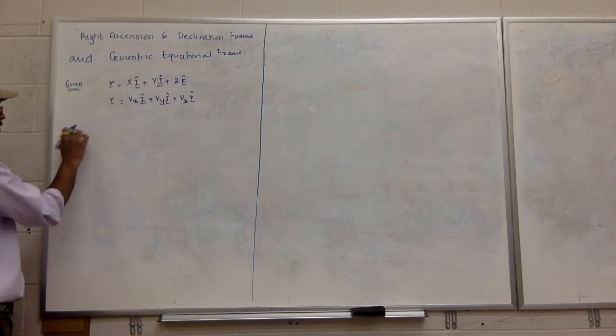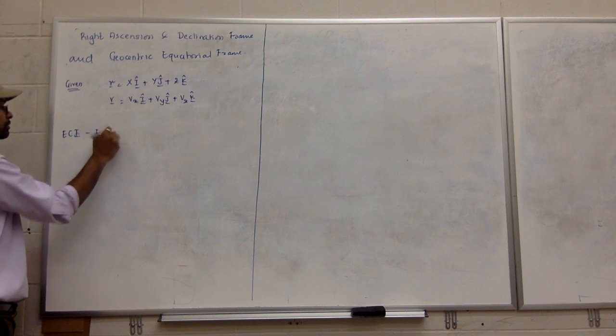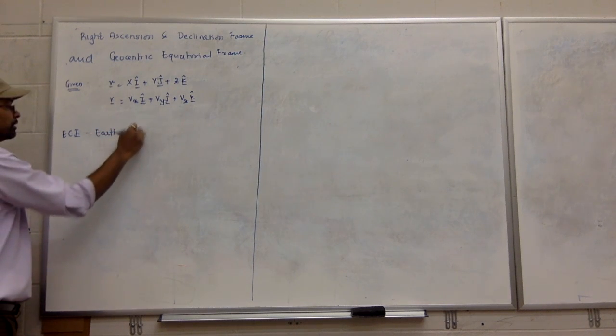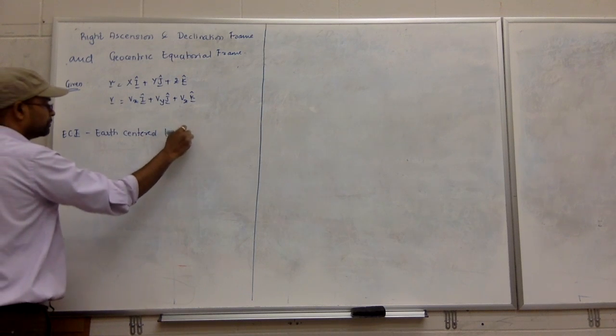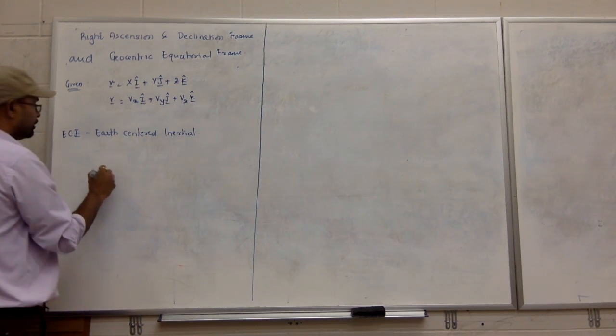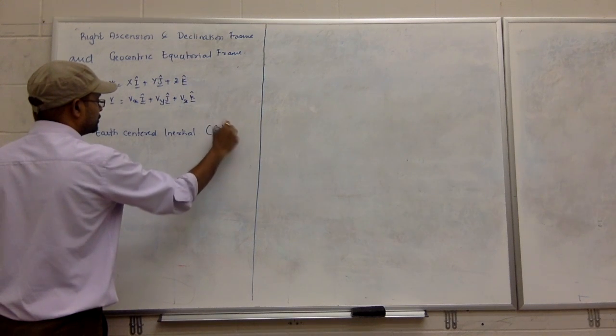ECI stands for Earth centered inertial, and typically we are going to use the IJK basis.